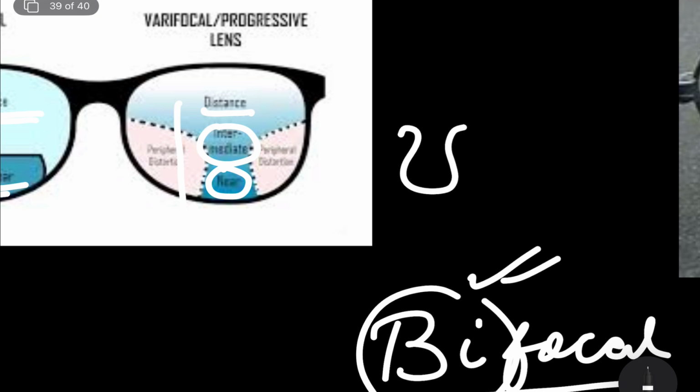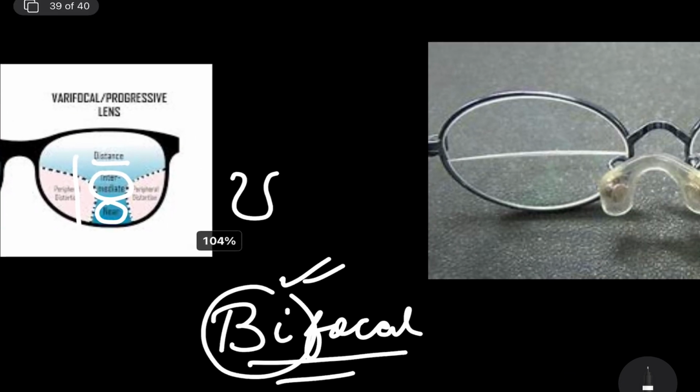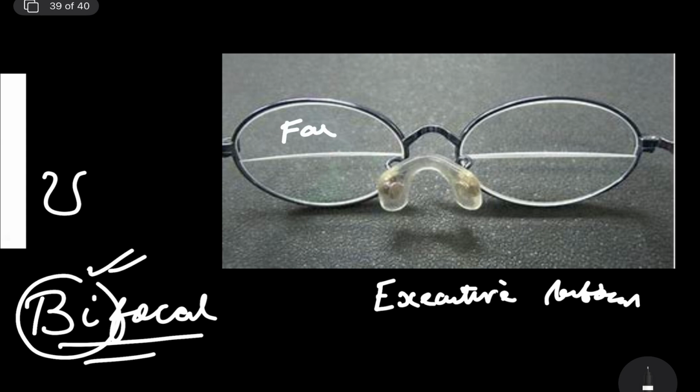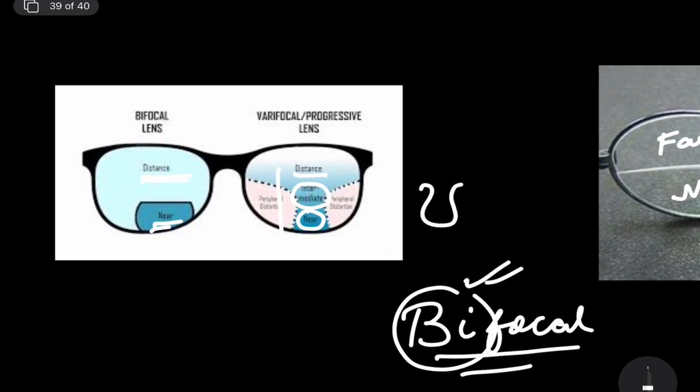Okay. Now another kind of a bifocal lens which used to be used in the past, now they're not used that much, are called executive bifocals. Executive bifocals, it's pretty simple. What used to be done previously for treating presbyopia in a myopic patient is this is for the far away, and this is for the near objects, and these are two different glasses, not mashed together.